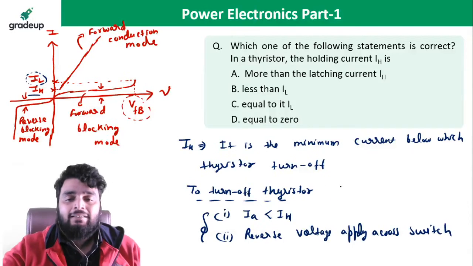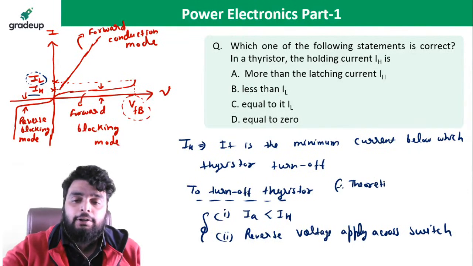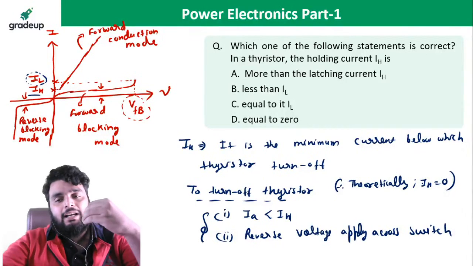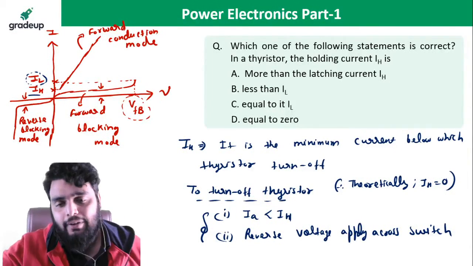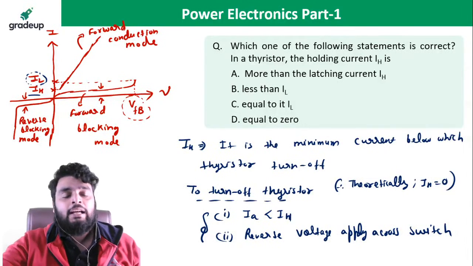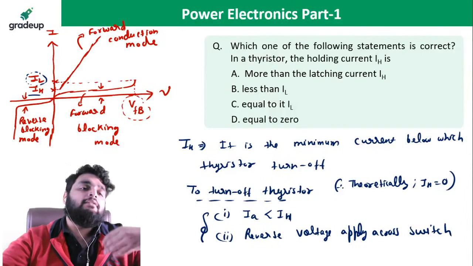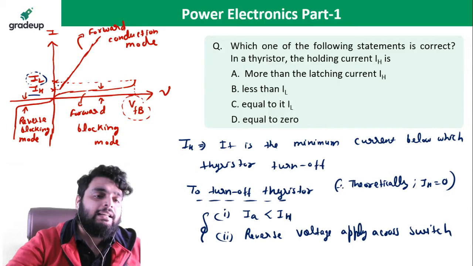Now, theoretically, we put the holding current equal to 0. It means when your anode current is about to change direction, then you can turn off the thyristor. But practically it is not 0, it is greater than 0. And you can see in the graph, the holding current is less than the latching current.